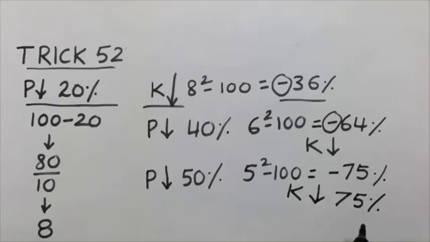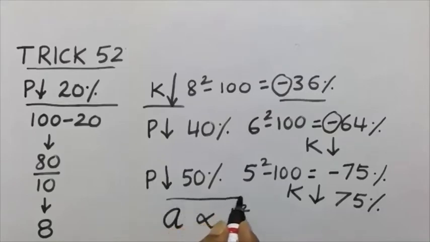This way, you can find it for any most general relation, A is proportional to B square. This is the most general case.